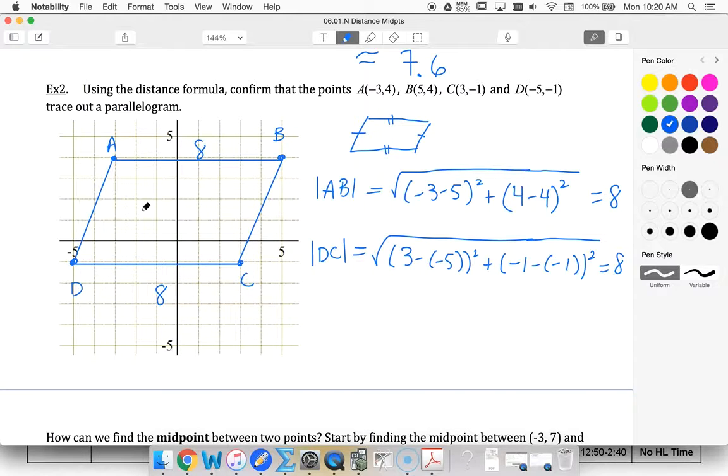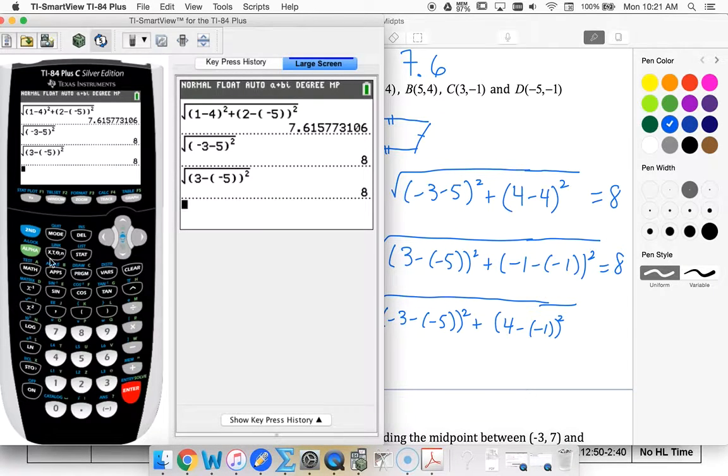I can also go back and check that my AD and BC have the same lengths. So good practice for us. AD, let's subtract the x's. -3 minus -5 squared, plus, now I'm going to look at my y values, 4 minus -1. So let's see what we get there.